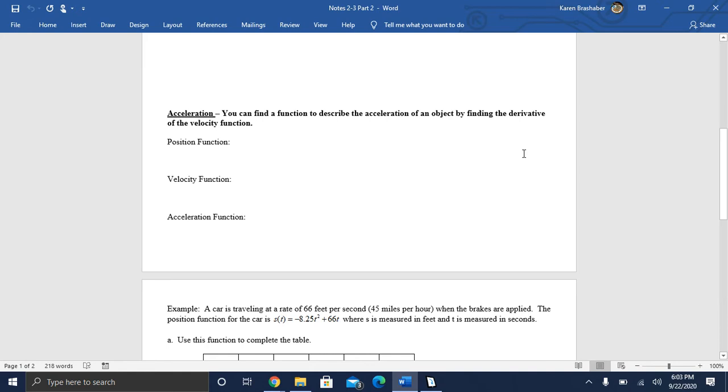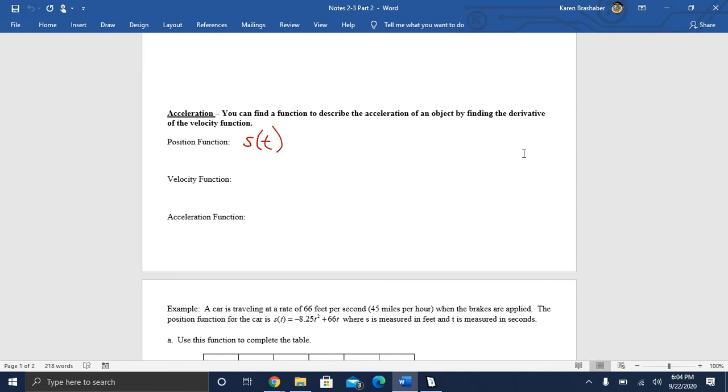On acceleration, we're going to define that in terms of the other functions that we've already looked at. So we have looked at the position function, and I've told you that many times we use S of t to represent position. So that would be generally your original function.